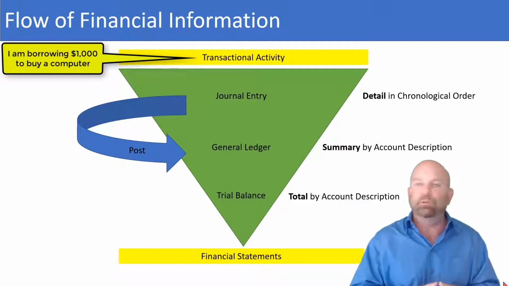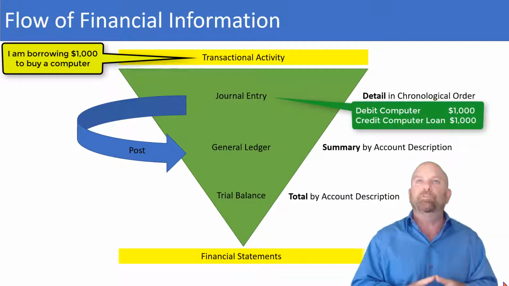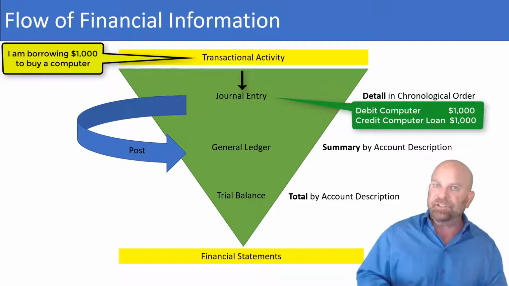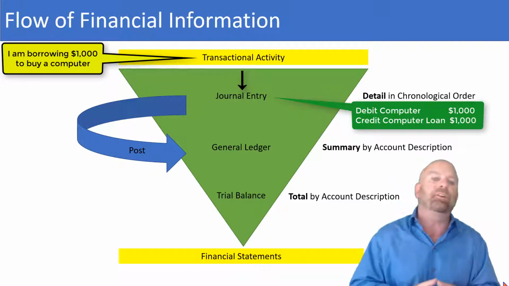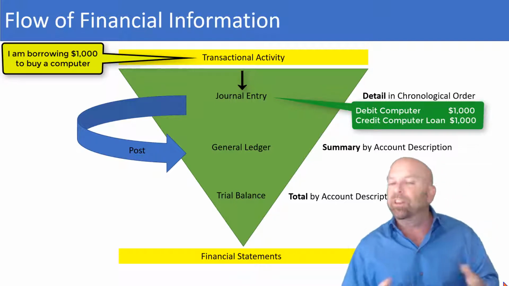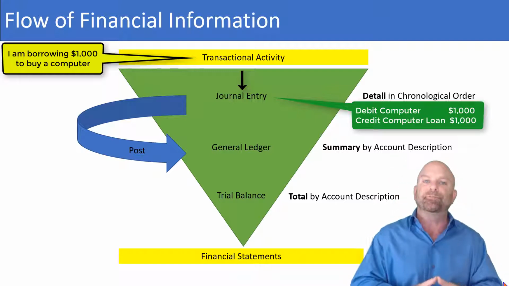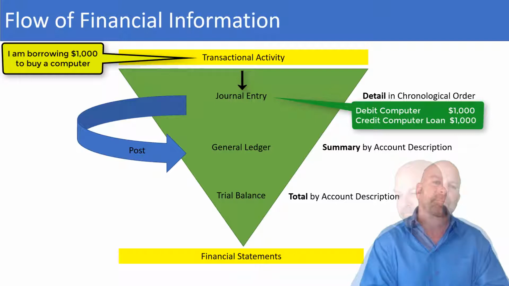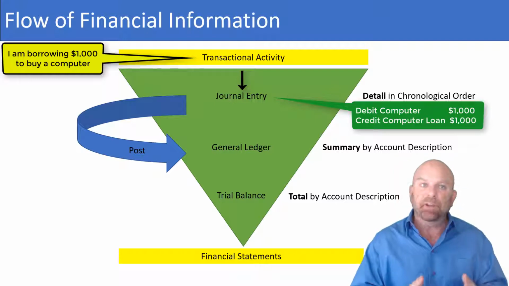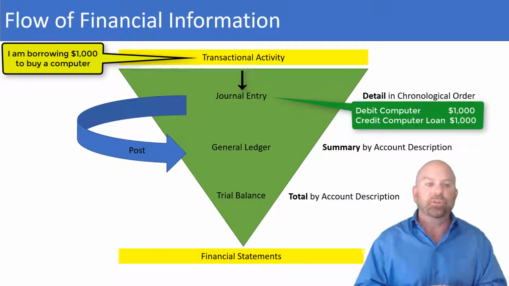So the journal entry for this transactional activity would be a debit to the asset called computer for $1,000 and a credit to a liability for a computer loan for $1,000.